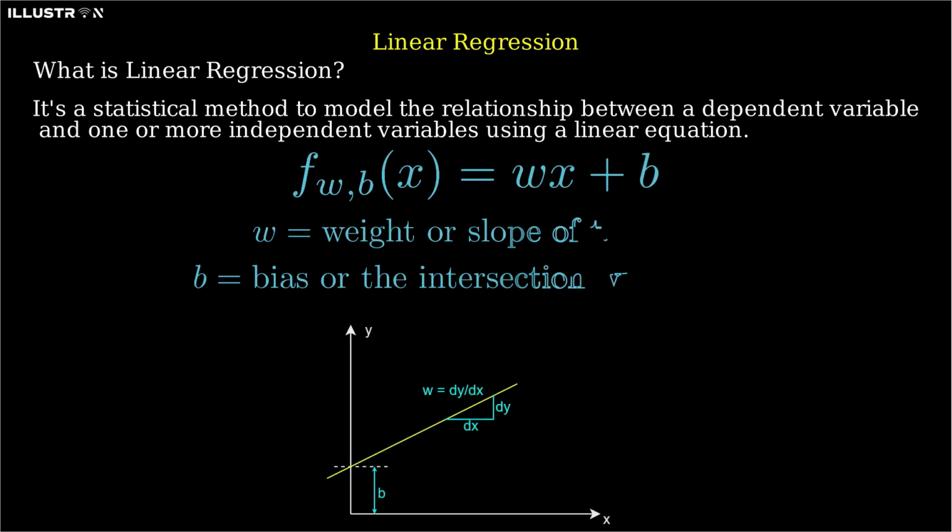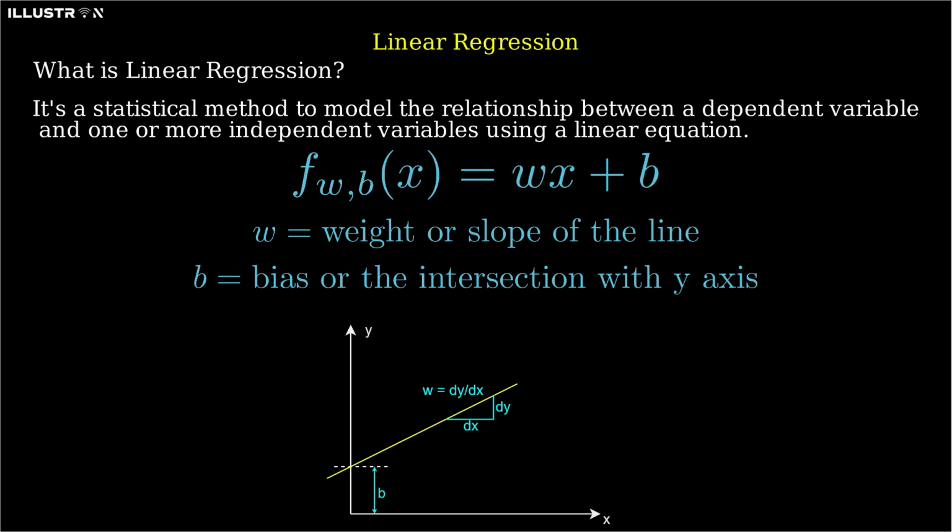This equation, represented mathematically as f(x) = wx + b, captures the essence of linear regression. Here, x represents the independent variable, study hours, w is the weight or slope of the line, and b is the bias or the point where the line intersects the y-axis.